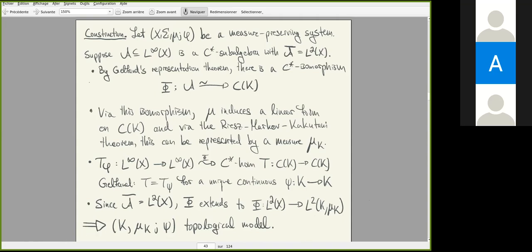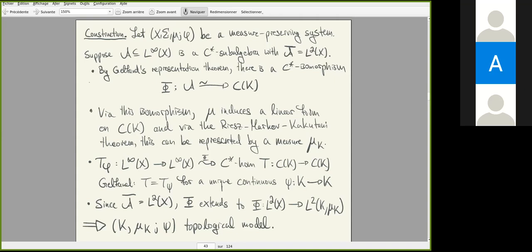So the trick for finding topological models is to find a good C star subalgebra A of L infinity of X, which is invariant and dense in L2 of X. And this is very important. We will run into a problem with this later on in the talk.